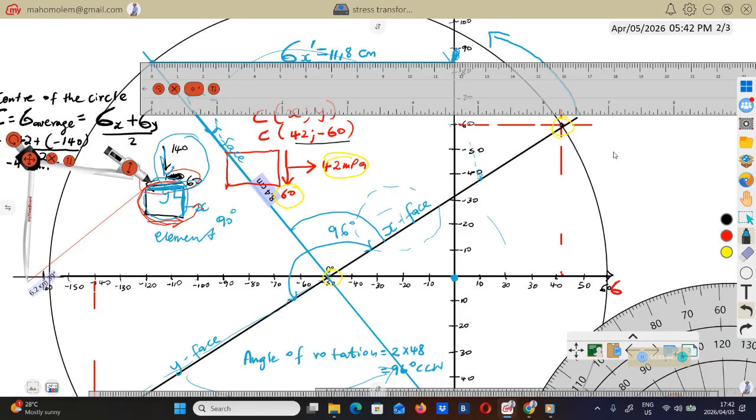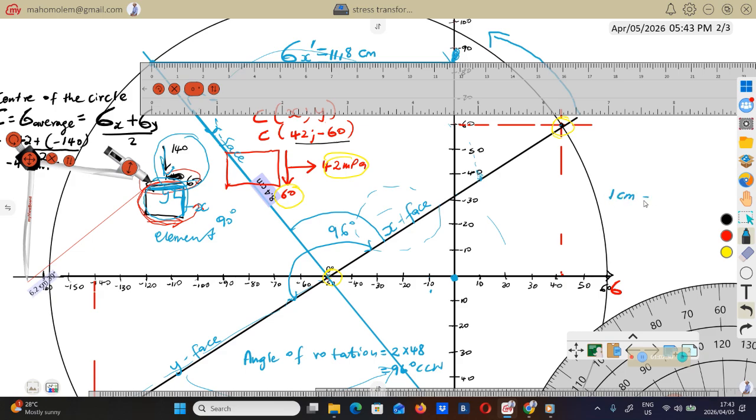But you will have a scale. Yeah, your scale will be, remember, from here to there is 1 centimeter.